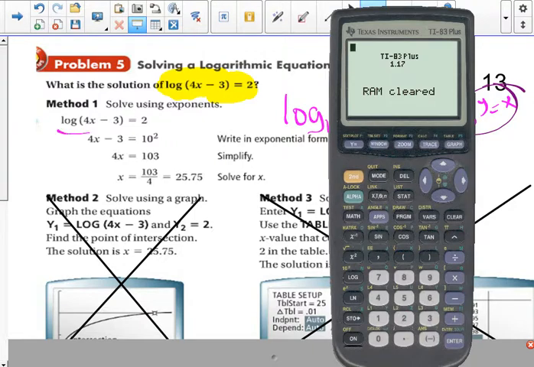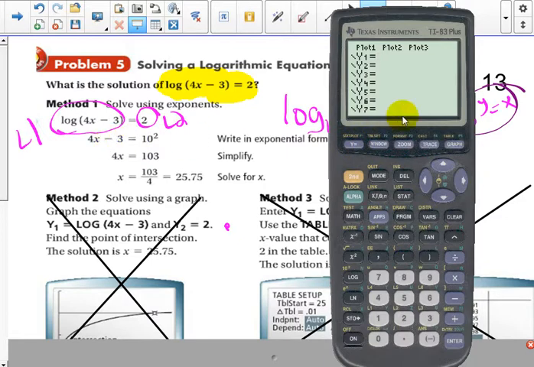Go to y equals, and on y1 you're going to put log of 4x minus 3.